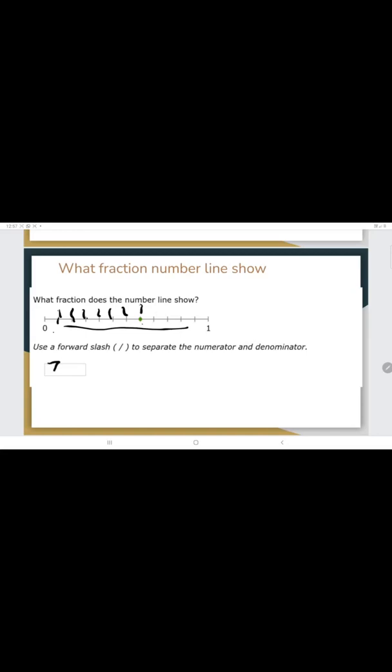So we will write 7. And there are 1, 2, 3, 4, 5, 6, 7, 8, 9, 10, 11, 12. So there are 12. So we will write 12. So 7/12 is the right answer to this.